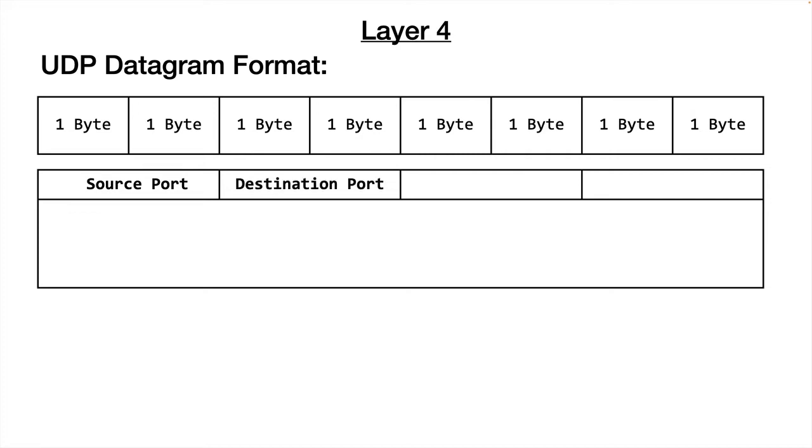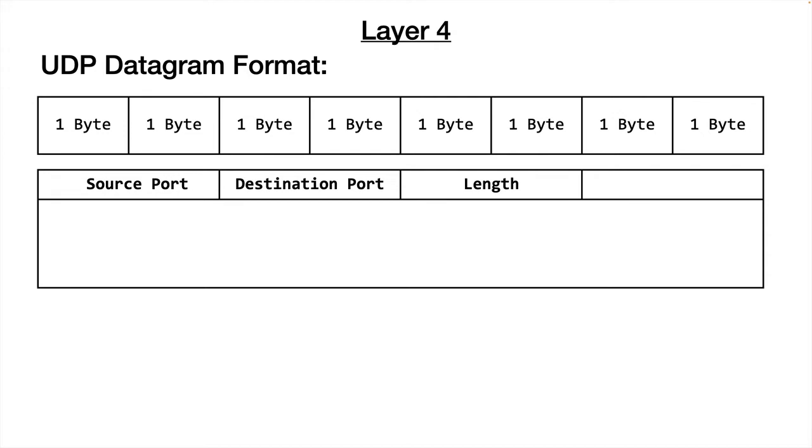The next thing we have is the destination port, which is the port we wish to connect to on our destination machine, which, for example, might be port 80, a well-known port for HTTP.